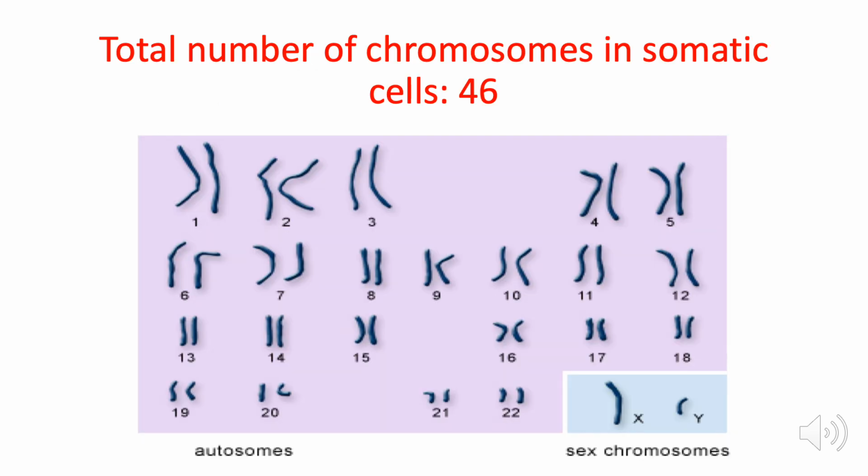Take note that for somatic cells, the total number of chromosomes is 46. And for each chromosome, you always have a pair. So, take a look at the picture. You have there 23 pairs of chromosomes. 23 times 2, that is equal to 46.